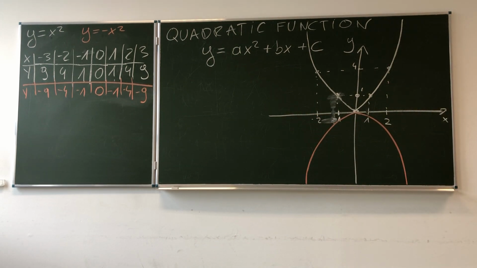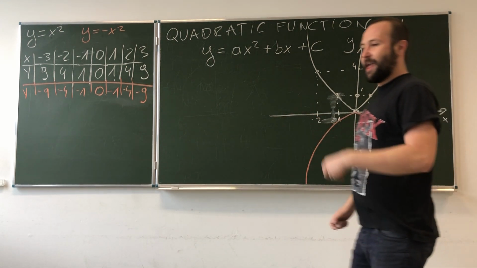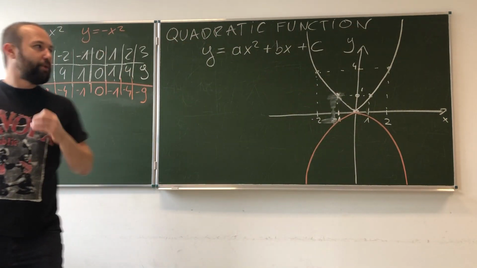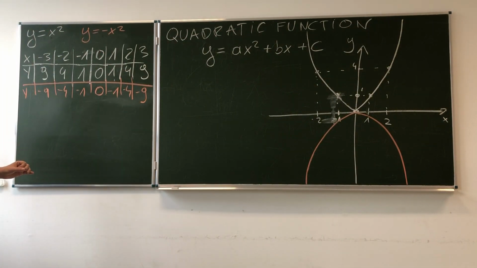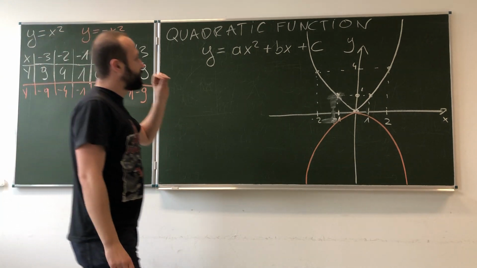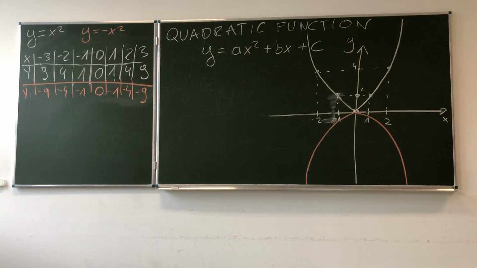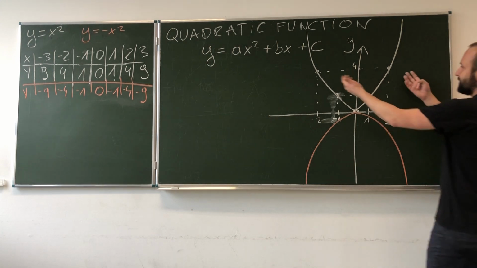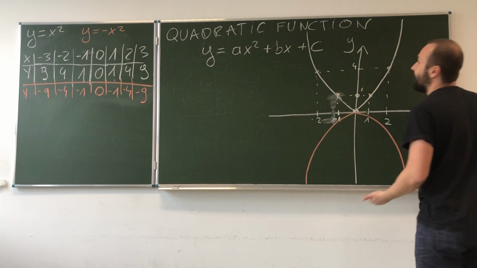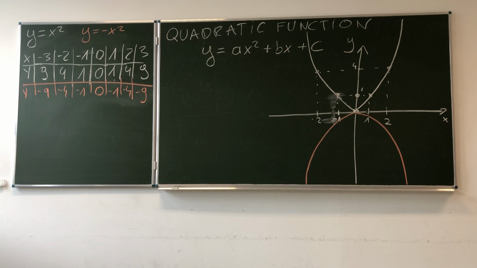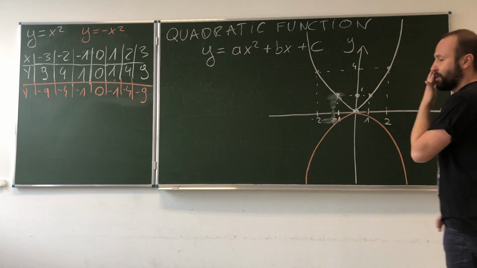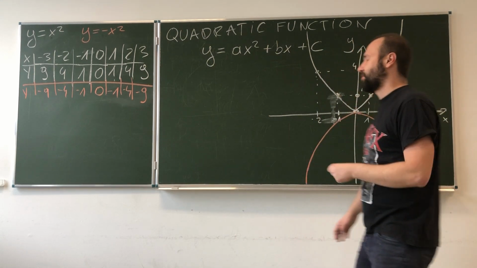And look, this is the general rule. Every time when you impose a minus in front of the entire function, you will see a mirror reflection of the function with respect to the x-axis. But this one we will practice a little bit more later when we will tackle the reciprocal function.